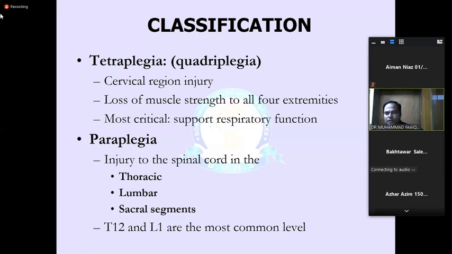If there is no power in the upper and lower limbs because of cervical injury, this is referred to as quadriplegia. But if there is an injury in the dorsal, I mean thoracic level, then the upper limbs will be spared, there will be no deficit in the upper limb, and this is referred to as paraplegia.